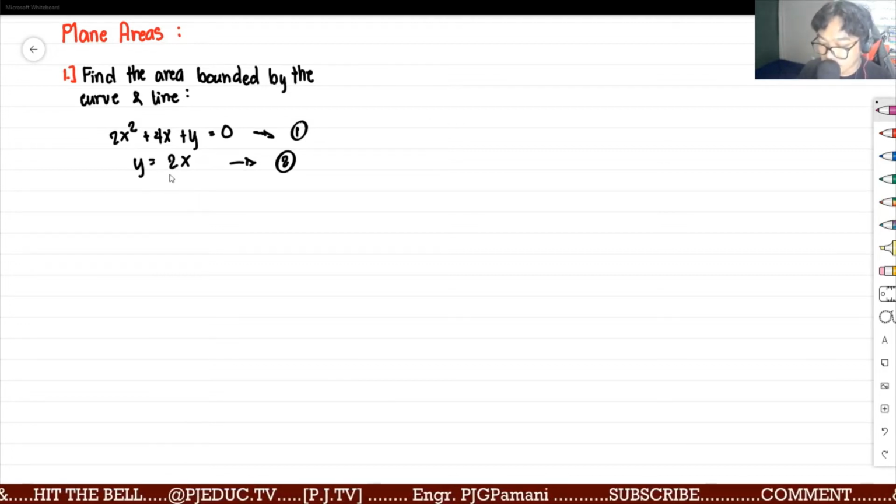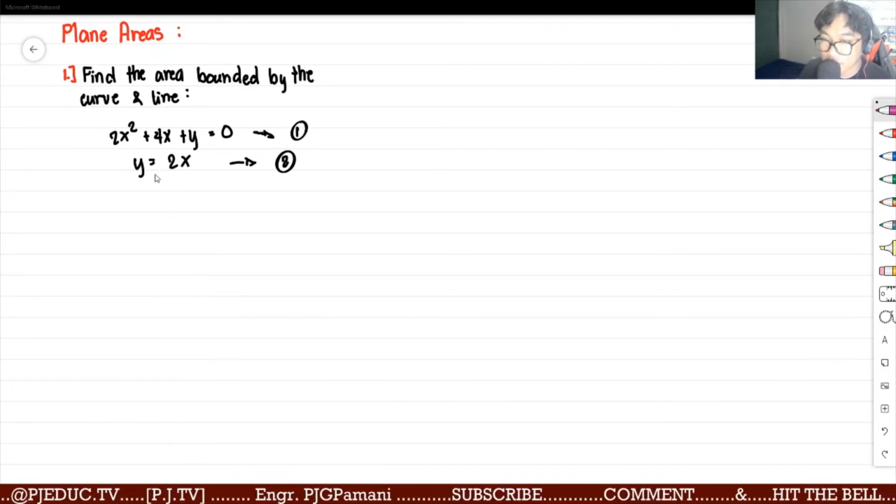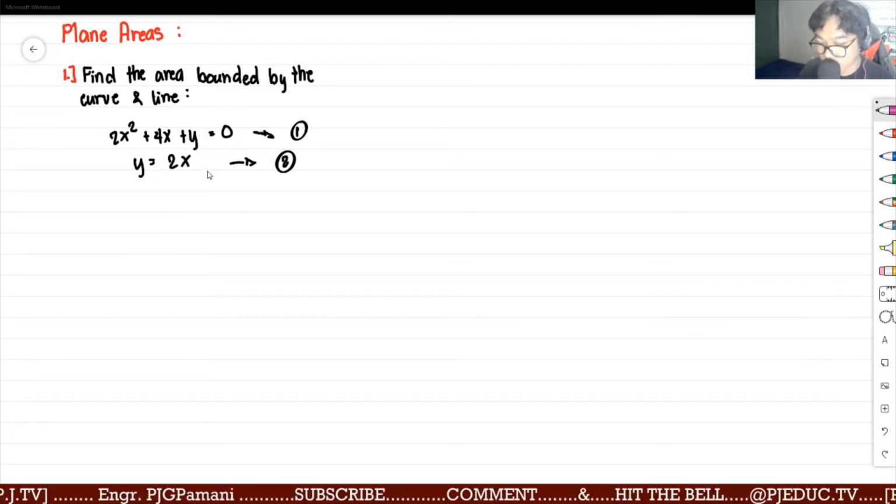So with that said, let us first identify the vertex of the parabolic equation.